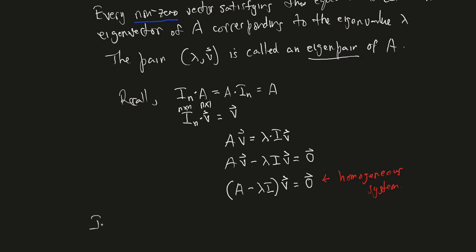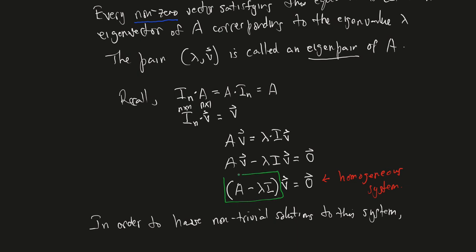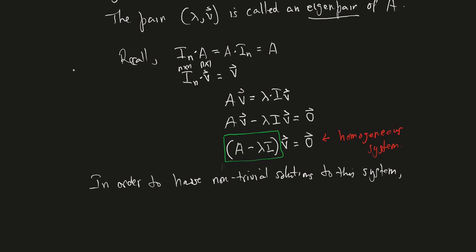So in order to have non-trivial solutions to this system, this coefficient matrix in front must be non-invertible. It can't have an inverse. In other words, it has to be a singular matrix.